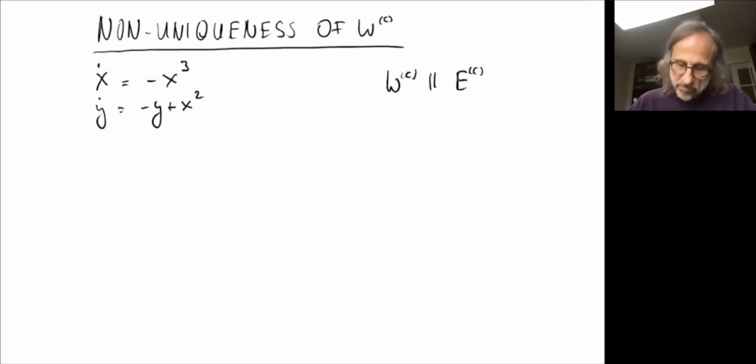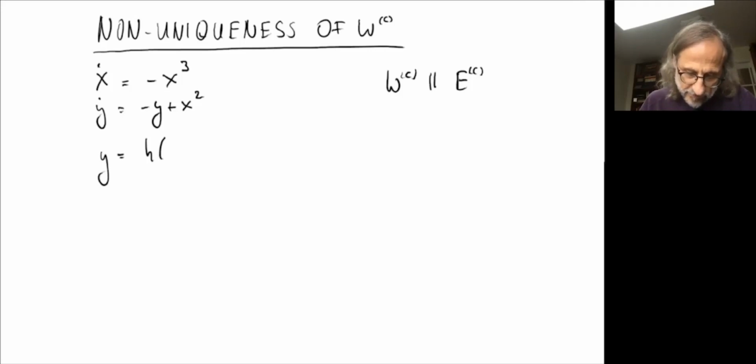Let's just take a very simple example where the x-axis is the center eigenspace, the y-axis is the stable eigenspace, and so we have a center manifold which would be given by y equals h of x, and h of x is determined by the condition that on the one hand y dot is given by this equation, on the other hand y dot is also given via x dot through the center manifold.